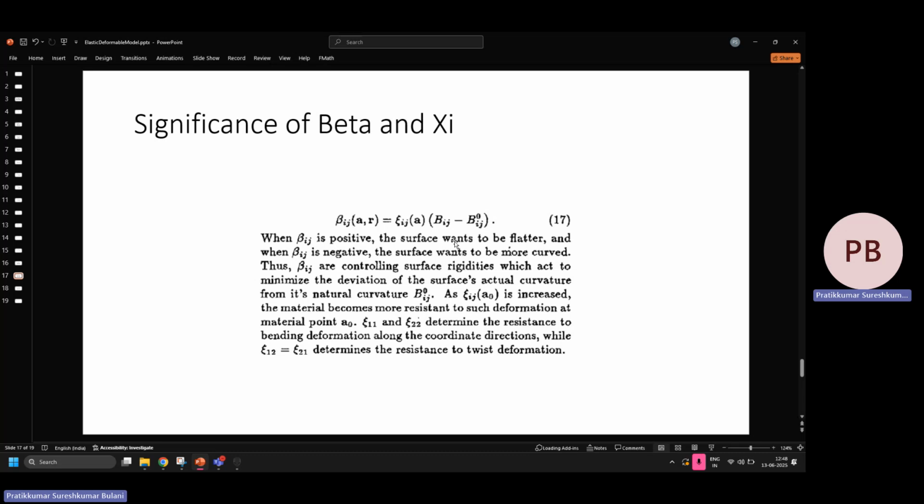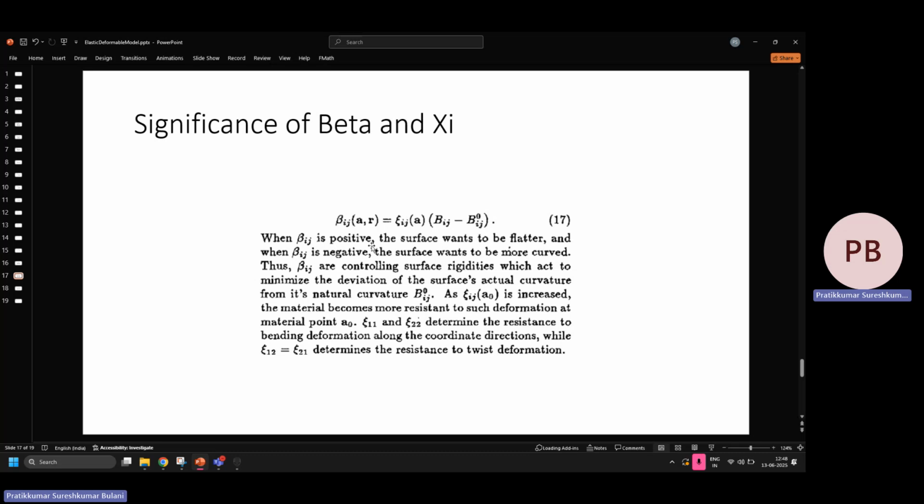That's what I said in my earlier diagram explanation. Now if bij is positive, it means my natural state is less curved than my deformed state. My deformed state is more curved than my natural, so it wants to go towards that lesser curvature state.